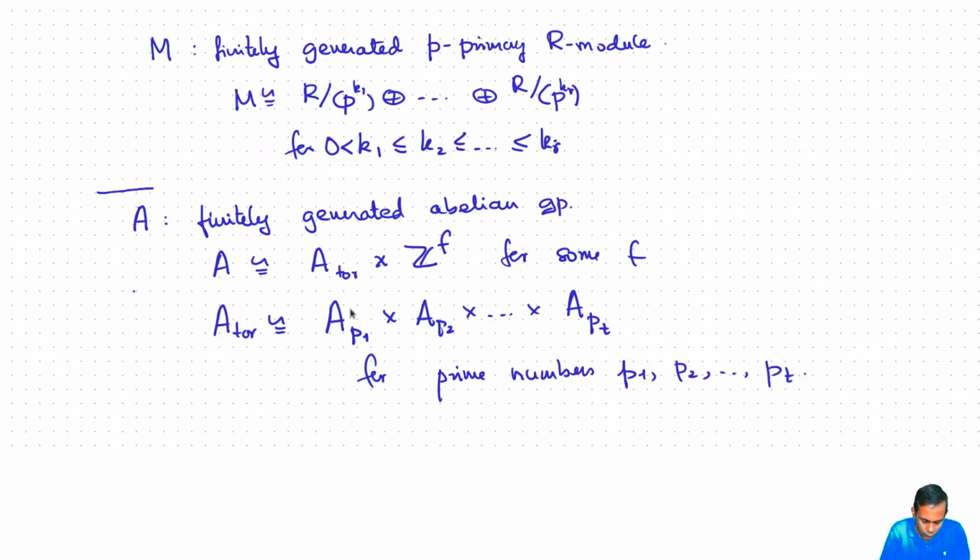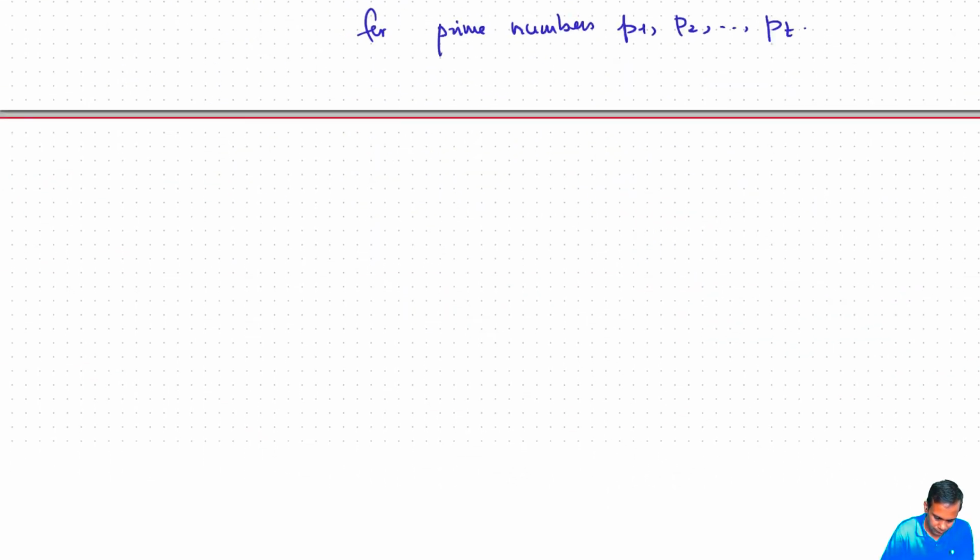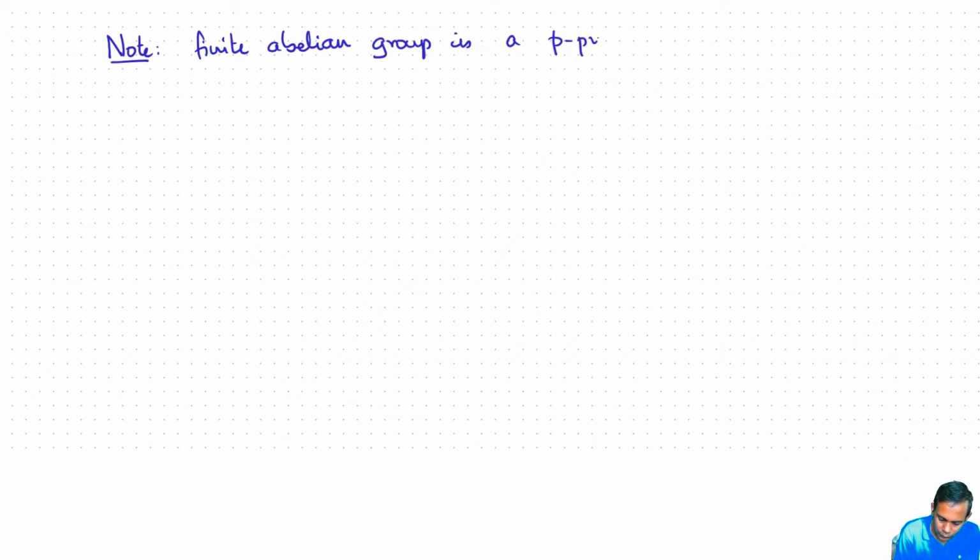Now let's ask how many possibilities there are for each of these. So A_P is P primary, a finite abelian P primary group, that is, a P primary Z module.